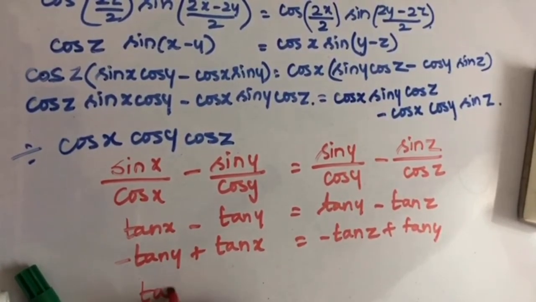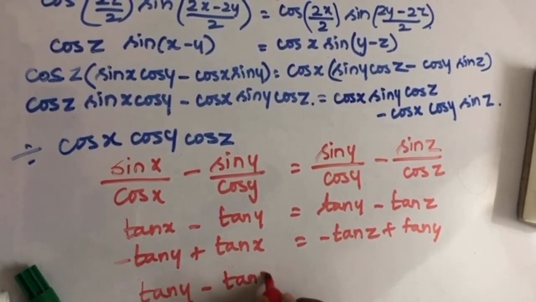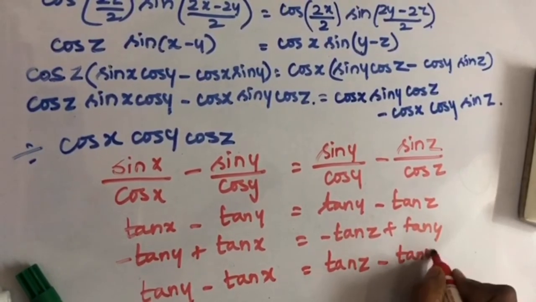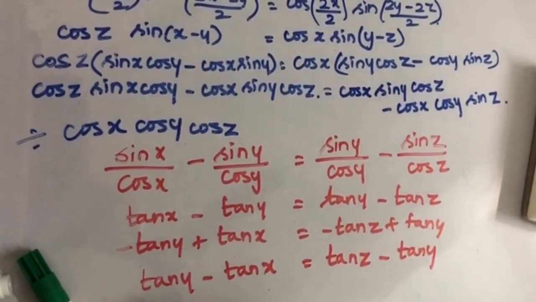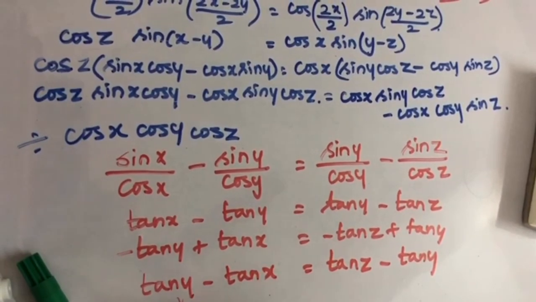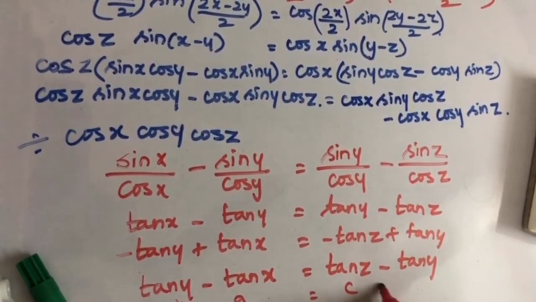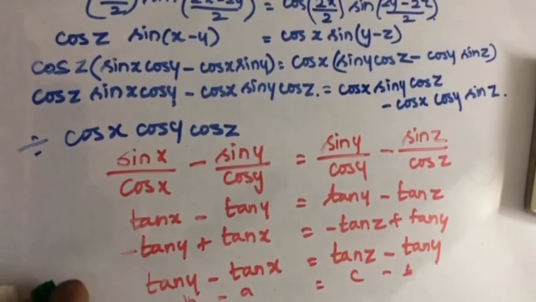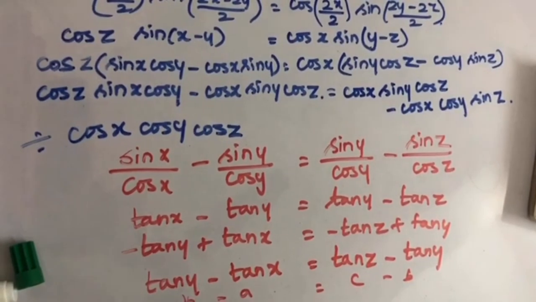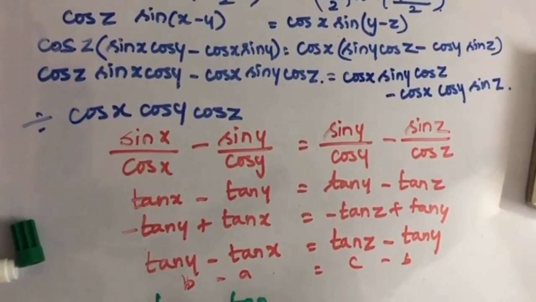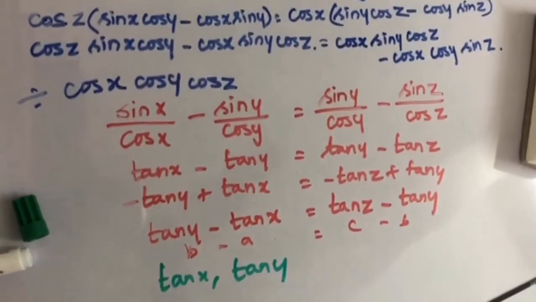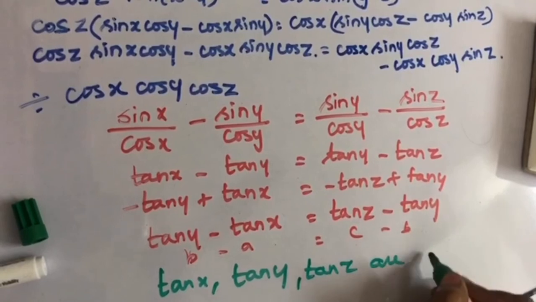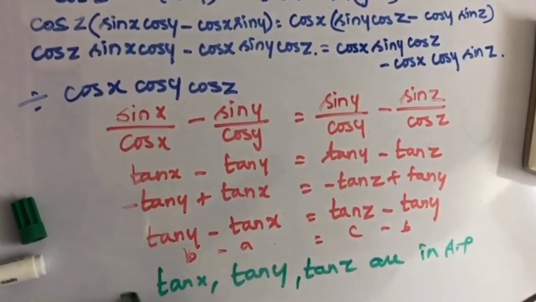So it will become tan y minus tan x is equal to tan z minus tan y. I am interchanging the sign. Okay. Now it is in the form b minus a is equal to c minus b. Now we can tell that tan x, tan y and tan z are in AP. That's what we have to prove.